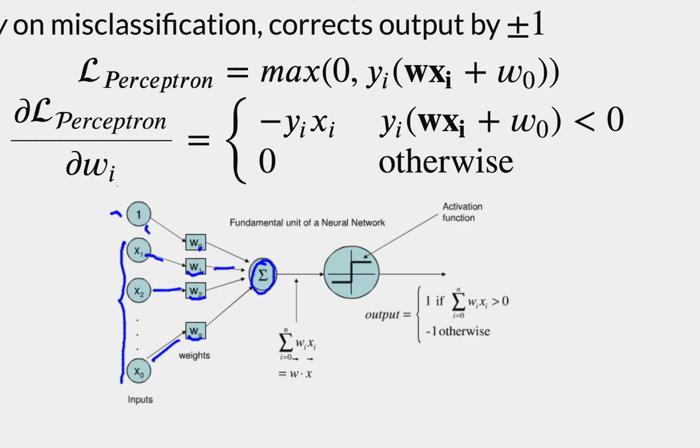This node outputs basically the dot product of W and X, so 1 times W0 plus X1 times W1 plus X2 times W2 and so on. Again, this is exactly the same as a linear model: y is W1 times X1 plus W2 times X2 and so on plus W0. So what this node outputs is exactly the same as a linear model.